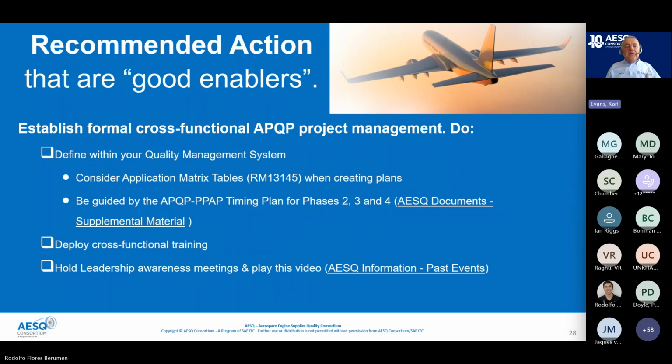Make sure that you've got that defined within your quality management systems, that process and how APQP operates, and use things like the application matrices I've mentioned. Go and have a look at 13100, 13145, and have a look at those tables and build them into how you create your plans, along with the timing plan that I've just mentioned.